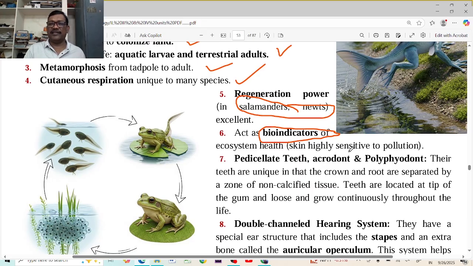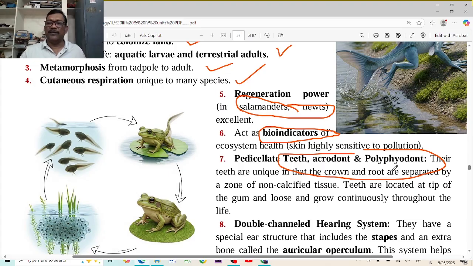And especially we have to discuss the teeth. The teeth are acrodont and polyphyodont. Pedicellate teeth means they are just thorn-like. Acrodont teeth are located at the tip of the gum, and polyphyodont means during their lifetime, many times the teeth can go and reappear again.